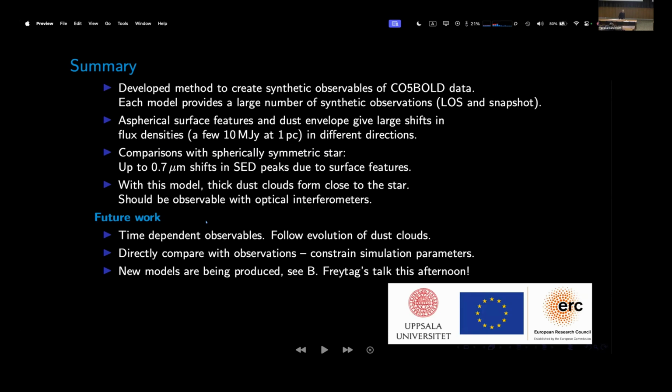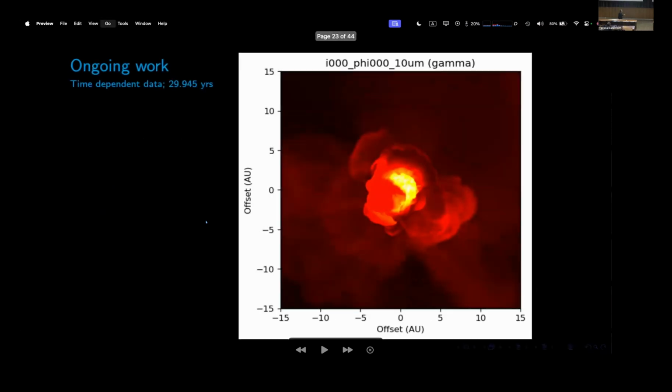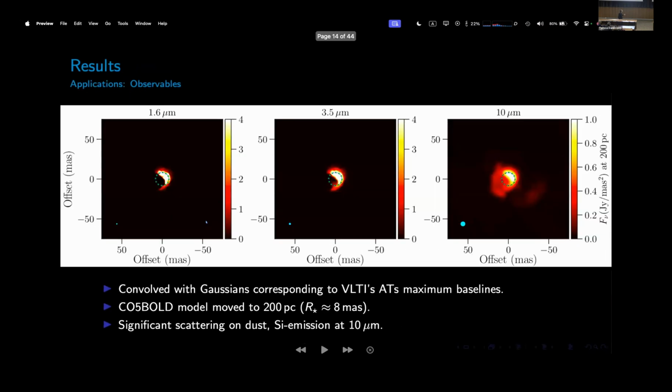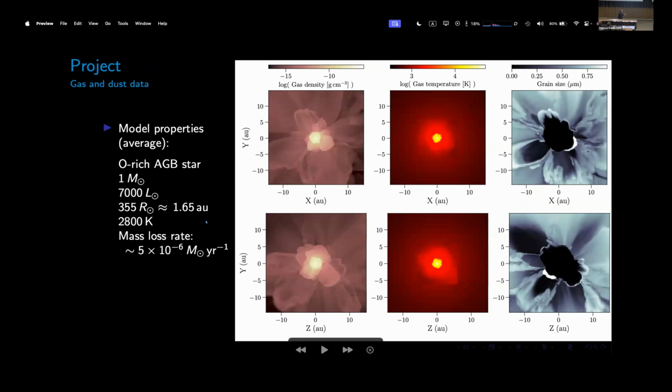About 1 stellar radius above the surface, so around, I don't remember the exact number now, 3 to 4 astronomical units from the center of the grid. Okay. So in the very beginning, it's very much not spherical. Yeah. Dust formation, because the temperature on the surface of the star varies so much with direction and time.